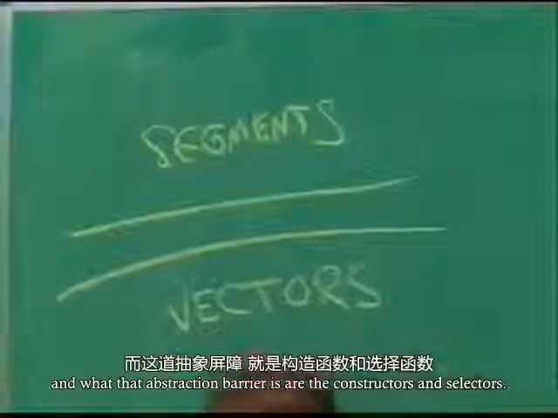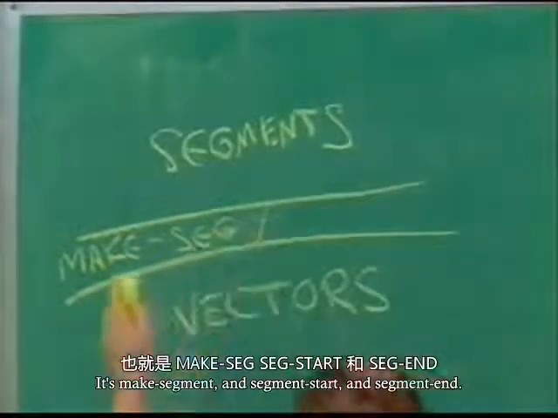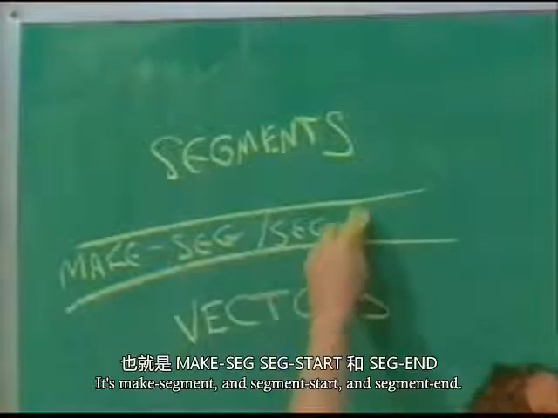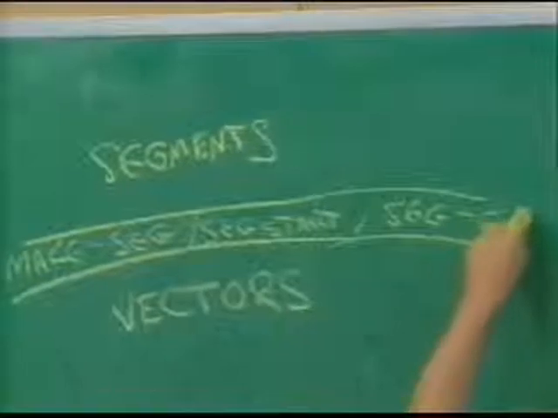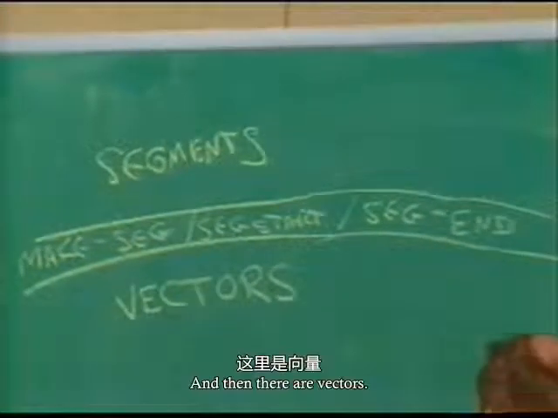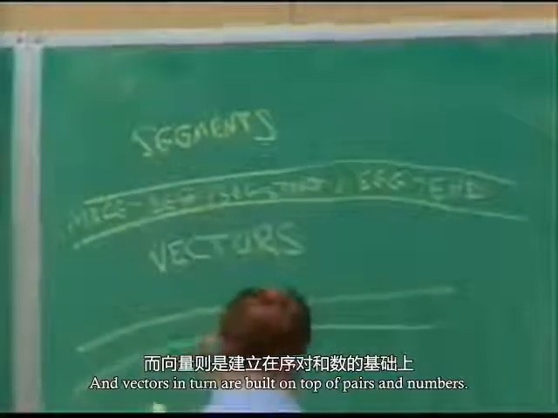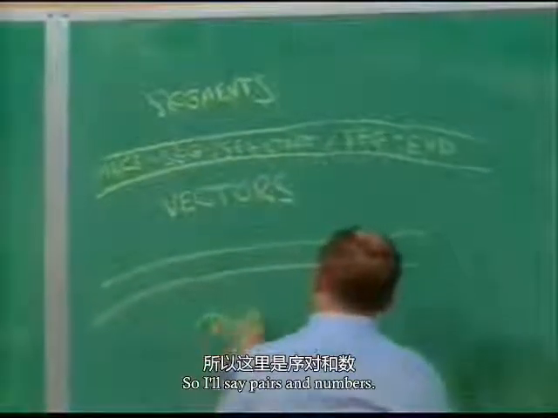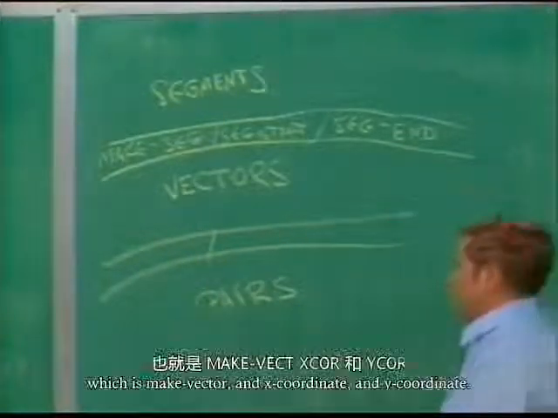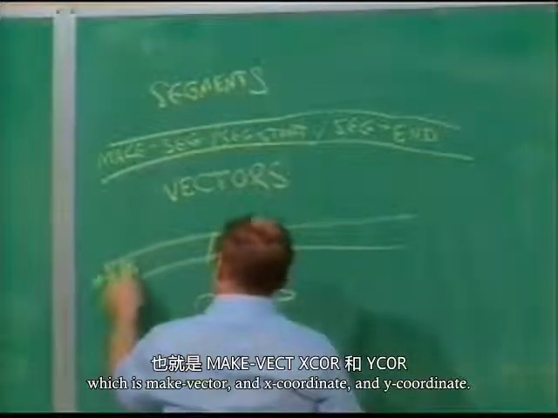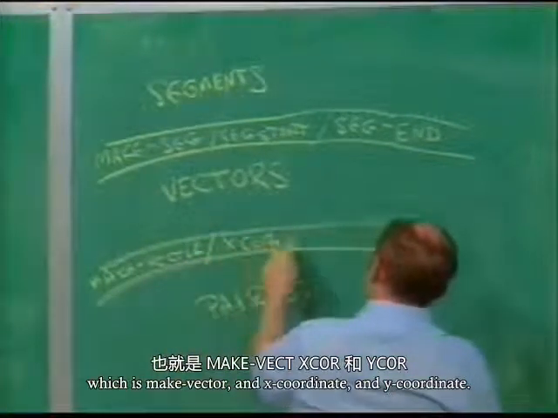And what that abstraction barrier is are the constructors and selectors: make segment, segment start, and segment end. And then there are vectors. And then vectors in turn are built on top of pairs and numbers, and that has its own abstraction barrier, which is make vector, x-coordinate and y-coordinate.